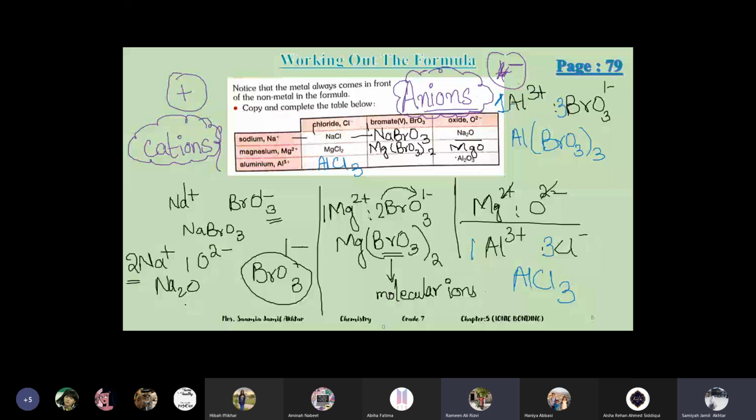It is Al(BrO3) whole 3, because aluminium is 3 plus and bromate is 1 minus, and we balanced it by writing 3. So this table is complete now.